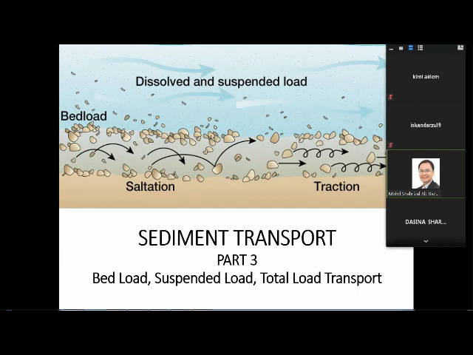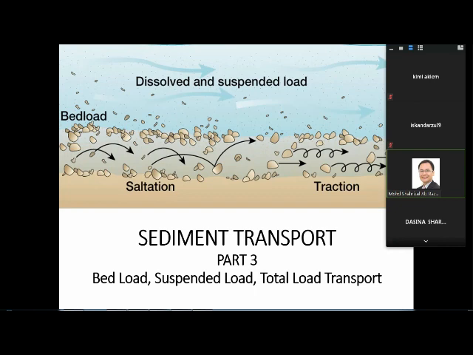If you look at this slide, my picture here, a very beautiful picture, this is something that is happening in the water column. In the water column, you have the river bed here. What has close contact with the bed, we call it the bed load.